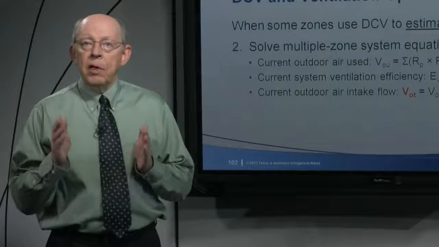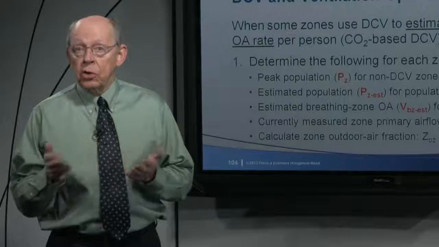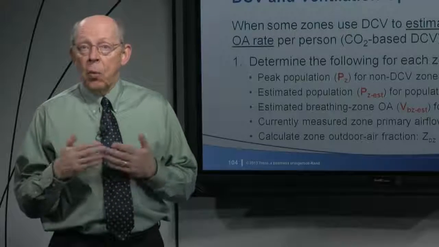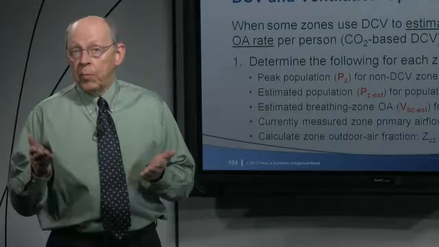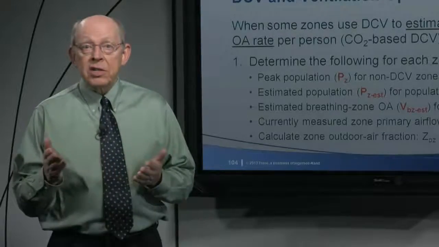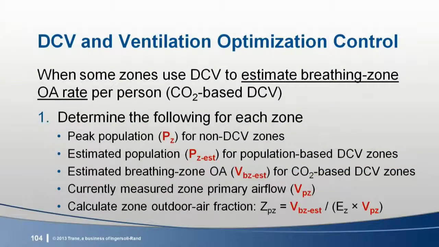But what if some of the demand control zones use CO2 sensors to estimate the required outdoor airflow rather than population? In this case, the design path changes a little. Use peak population in zones without demand control and use estimated population in demand control zones that estimate population.